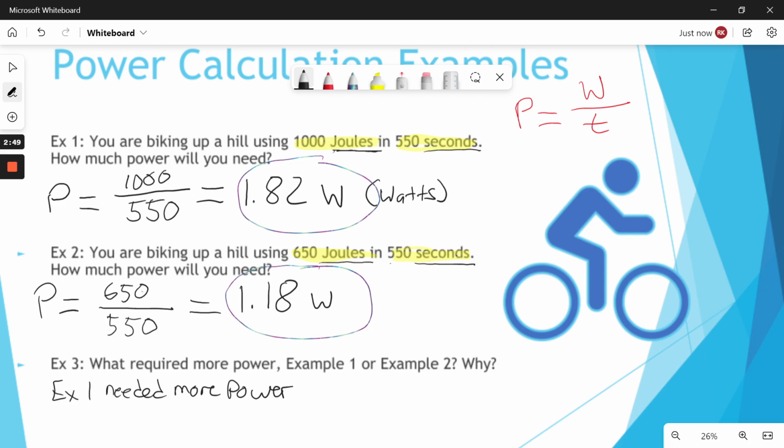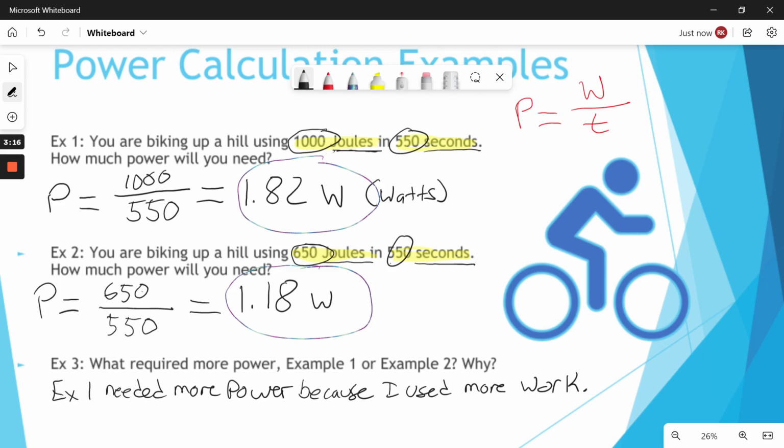Well, if I look, our time was the same in both, so it's not time, but the amount of work we were doing was different. Okay, so I needed more power because I used more work. All right. And those are our 3 power calculation examples.